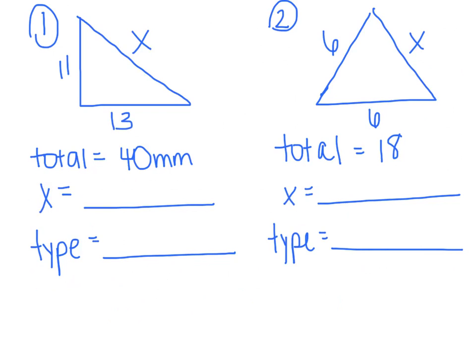But I'm going to go ahead and start. So this one says we have a total of 40, and the sides that we know are 11 plus 13, which is 24, plus x. So 40 minus 24 is going to be x equals 16. So if you look, none of our sides are the same, so this is going to be scalene.